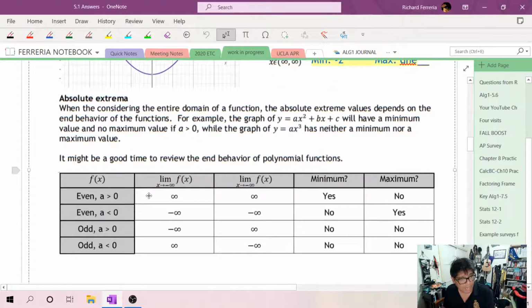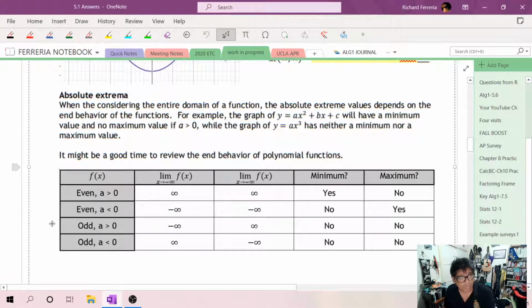So this is just kind of a rundown of endpoint behavior for a polynomial function, and this is kind of handy. For even polynomials, as x goes to negative infinity, the y-coordinate goes to positive infinity. Minimum, yes, it has a minimum, does not have a maximum.